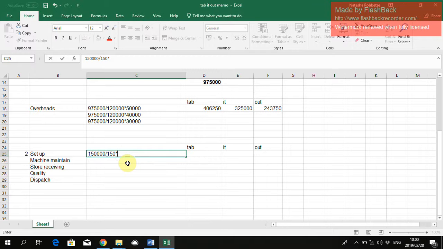For the purpose of tab, I will times them by the 20. For the purpose of it, I will repeat this calculation, but I will times by 60. And for out, I will again have 150,000 divided by 150, but I will have to times by 70.